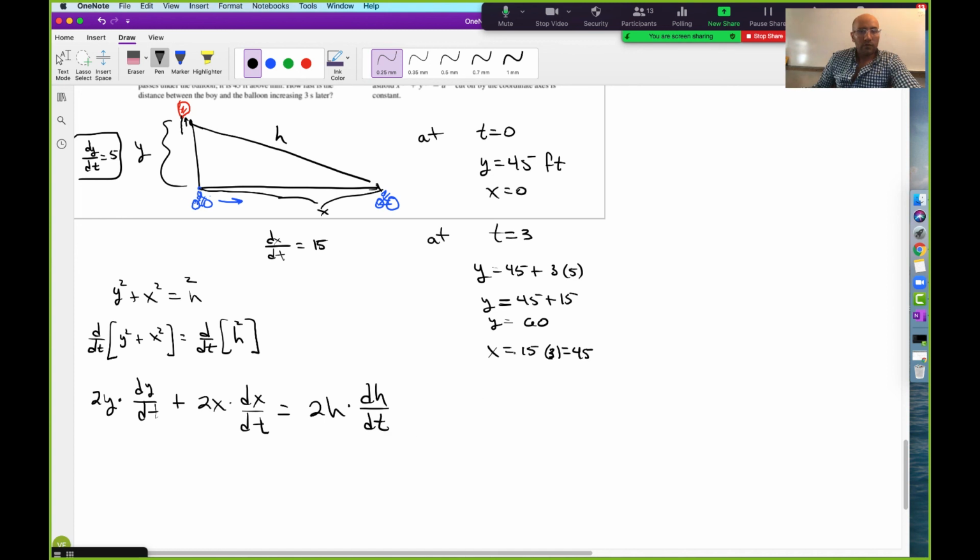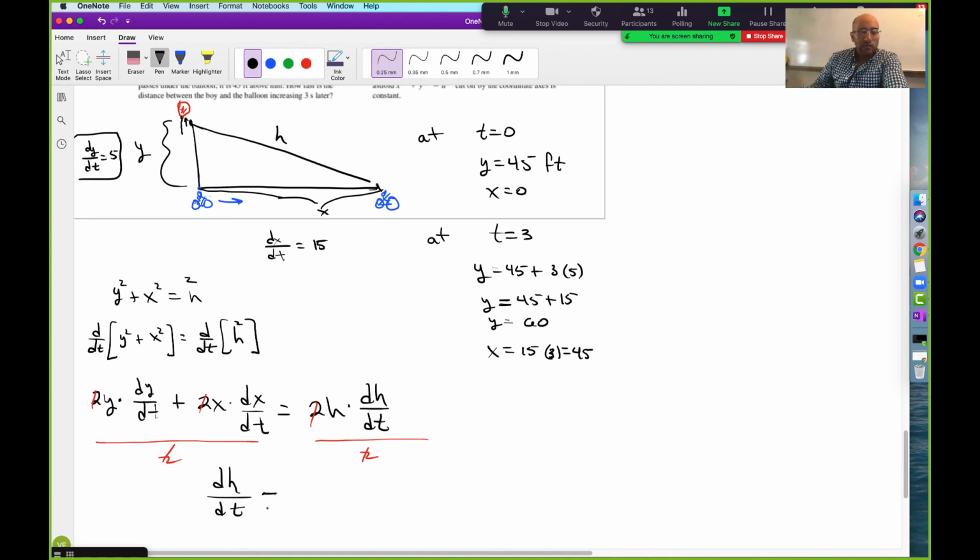Good. So at 3 seconds, we want to solve for this. dh/dt is what they asked us to find. First of all, I can divide everything by 2, so all the 2's cancel. That simplifies life just a little bit. And so it's this whole thing divided by h, or multiplied by 1 over h.